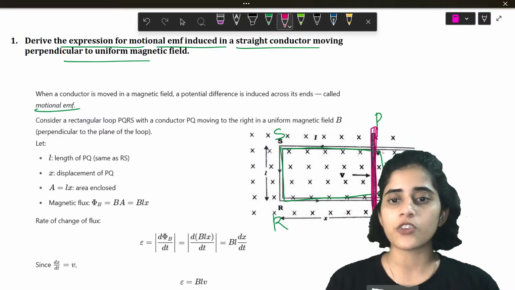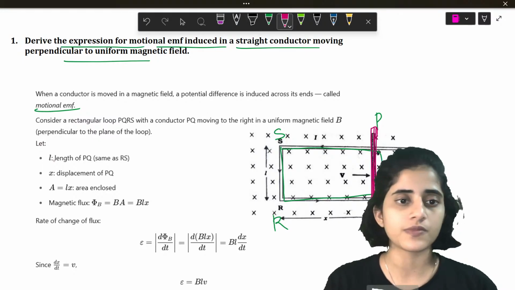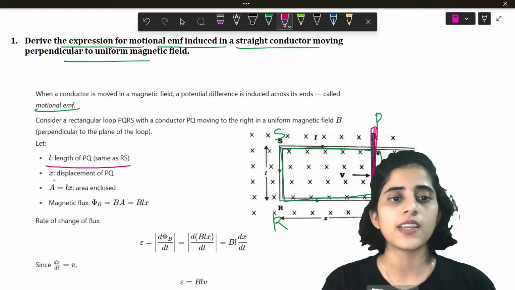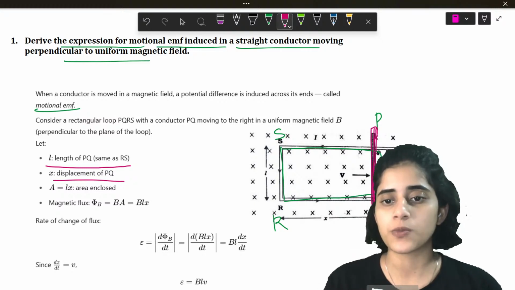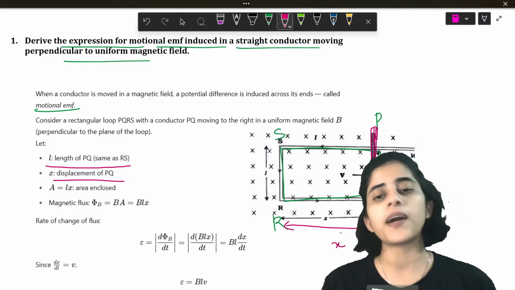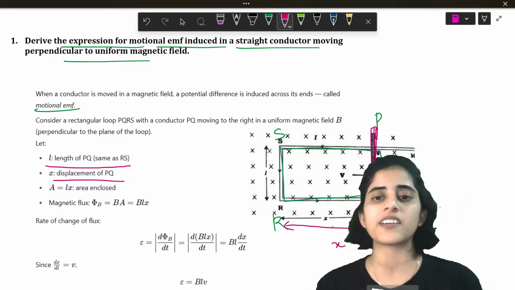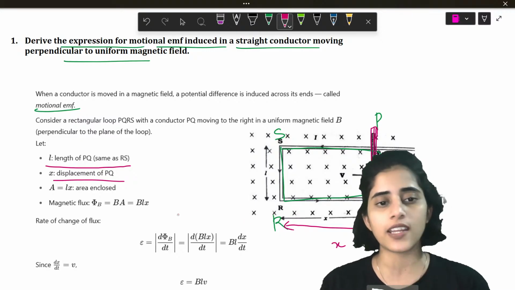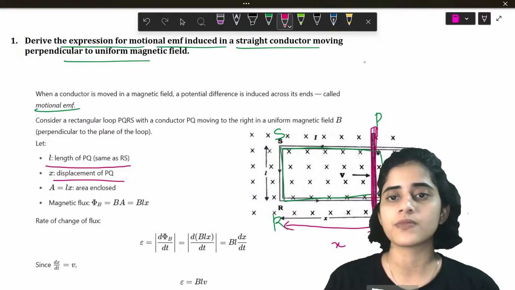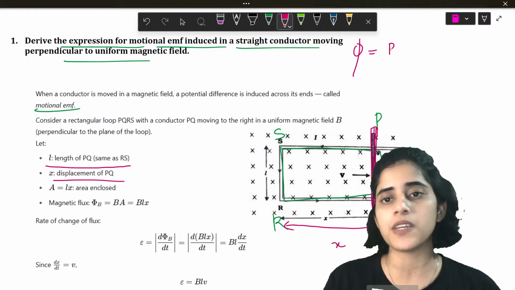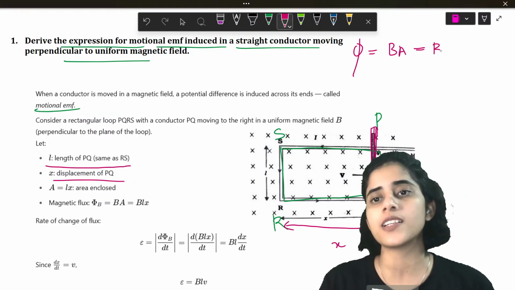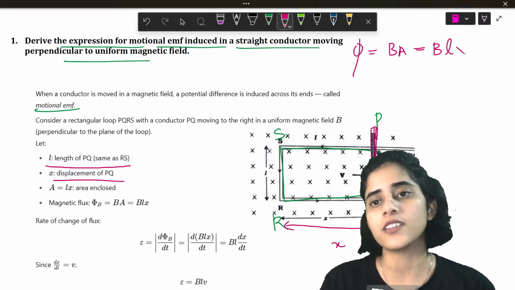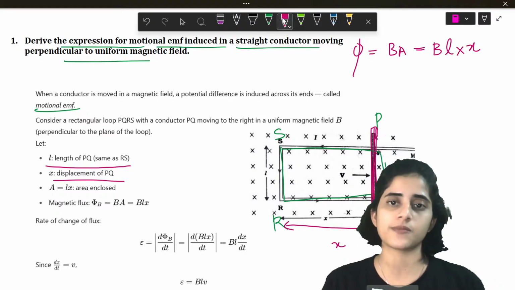L is the length of PQ. X is by how much PQ moves. So PQ can move this much. This is X. Now magnetic flux is how many magnetic field lines there are. So B into area. So magnetic flux is BA. What is the area here? It's a rectangle. So obviously length into side, LX.